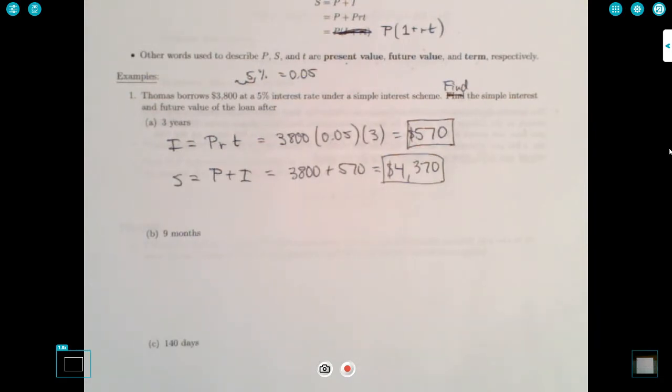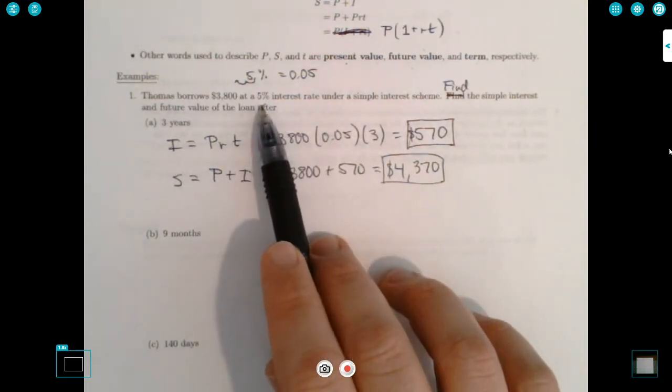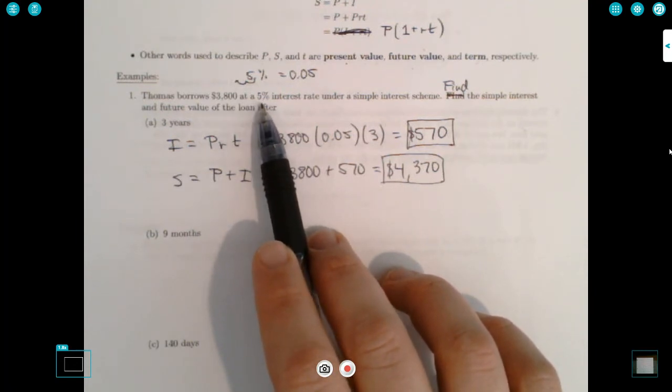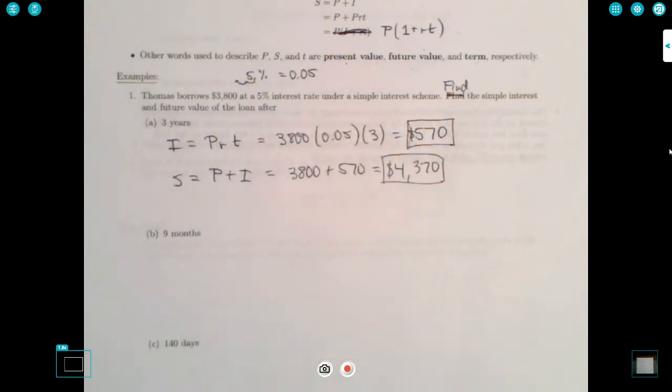But that's pretty good. Okay, you're not going to find a 5% interest rate, at least not at a bank. You might do that on the stock market or something, if you invest in GameStop stock or something like that. Anyway, 9 months.